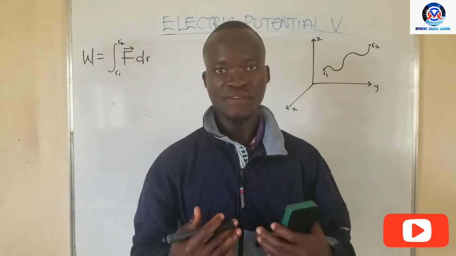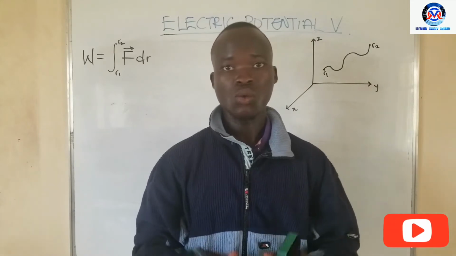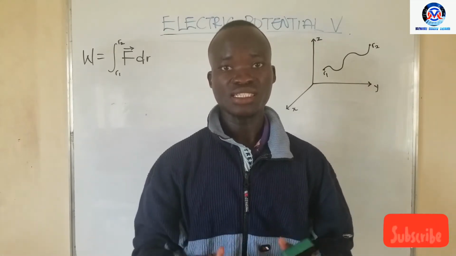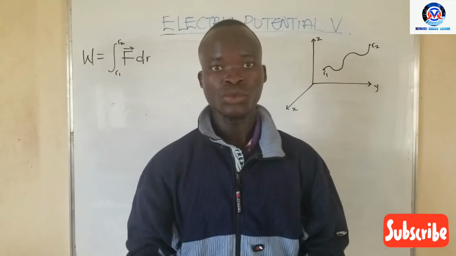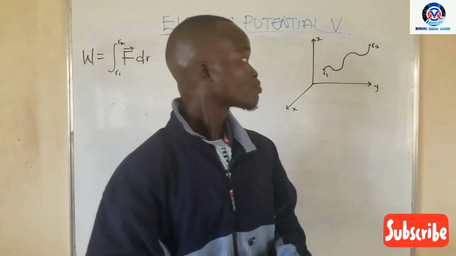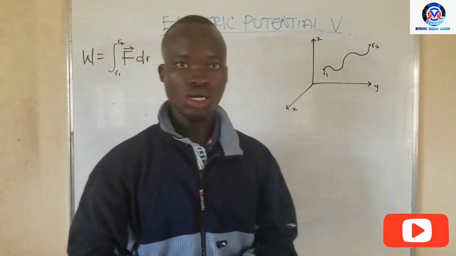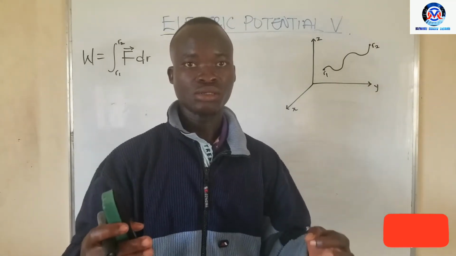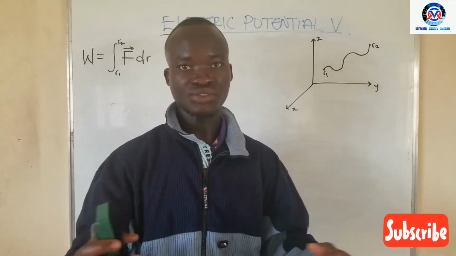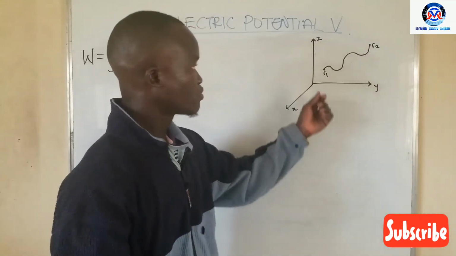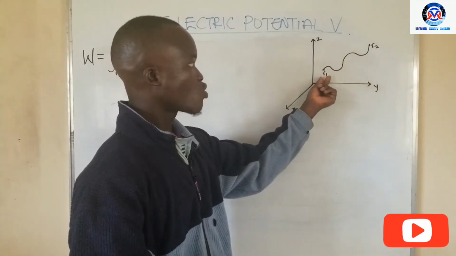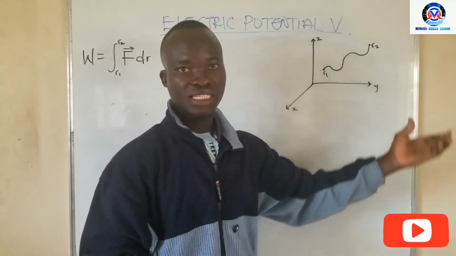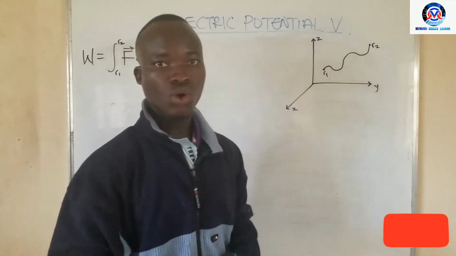Remember that the electric field is a vector quantity, while the electric potential is a scalar quantity. So now, we shall begin with the work that must be done to move a charge between 2 points R1 and R2 against an electric field. And we know how to do that.